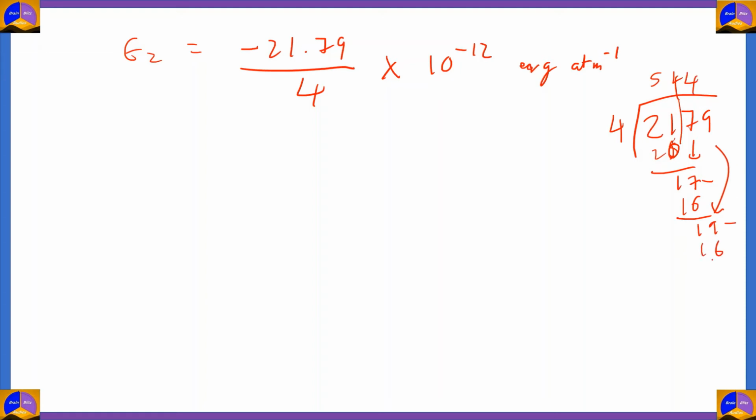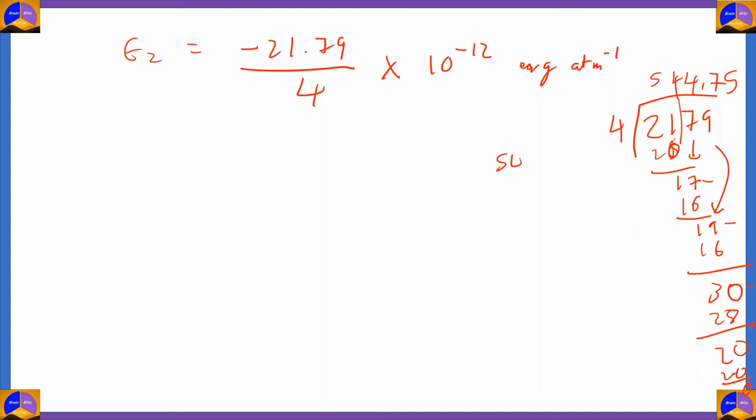So 19 minus 16, that is 3. And now in order to go any further, we'll have to put a decimal point here. So a 0 comes there. So 4 goes into 30 7 times. So 30 minus 28, which is 2. And again, if we do the division, we'll get 544.75 as the quotient with 0 remainder.